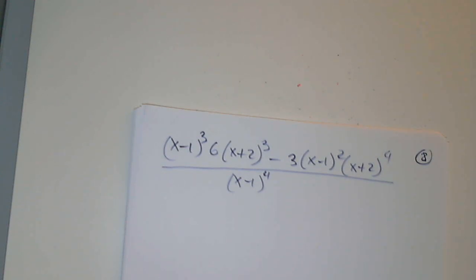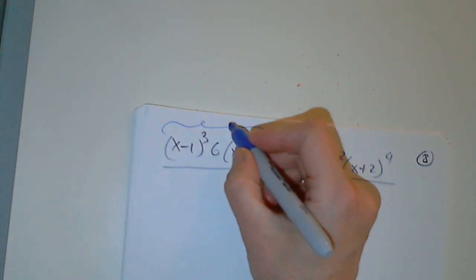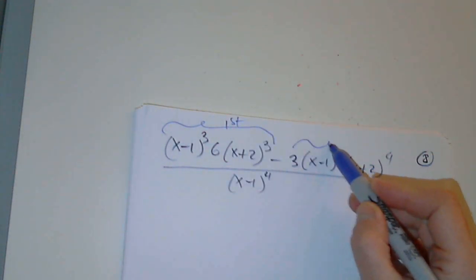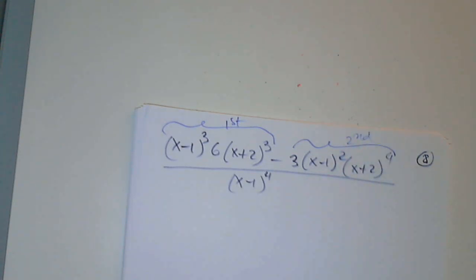First of all, before I even rearrange or simplify a little bit the numerator, I'm going to ask you how many terms do we see at the top? 2. Excellent. Thank you. There are 2 terms. This is the first, and this is the second.